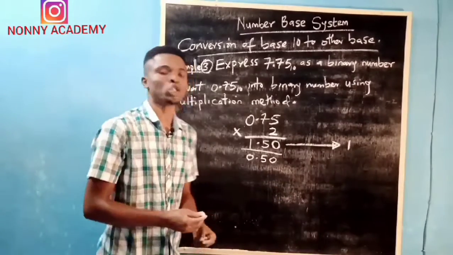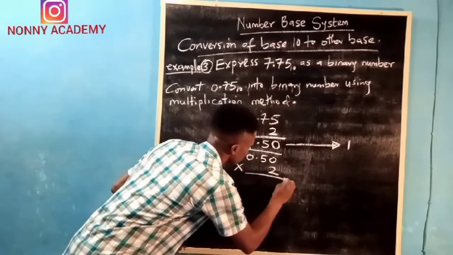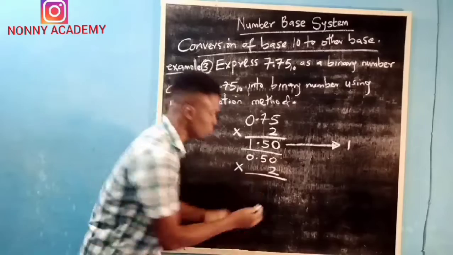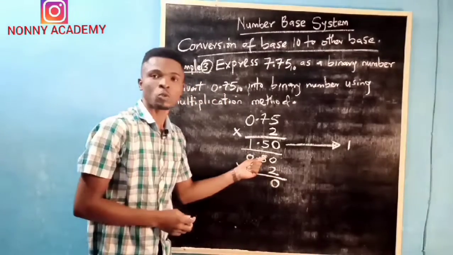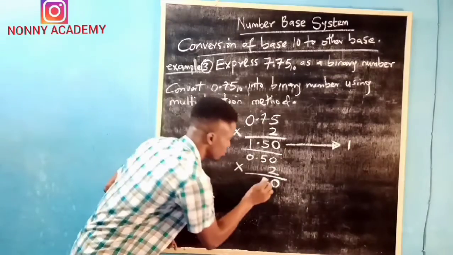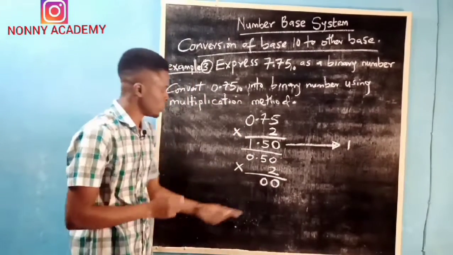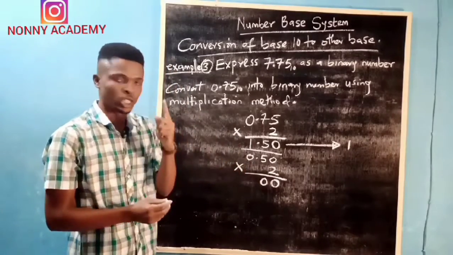Then I multiply by 2 again. So here I have 2 times 0, which is 0. 2 times 5, which is 10. And I have 0, and I keep down 1. Then 2 times 0, which is 0, plus that 1, which is 1.